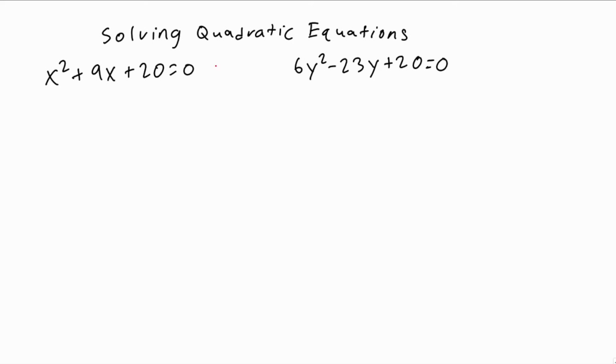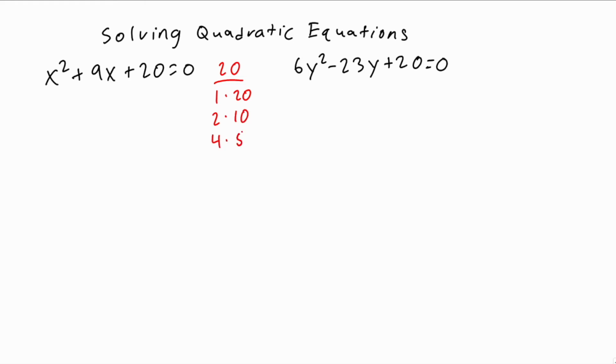So we're going to say, okay, factor pairs of 20 that add to 9. Just as a quick review on how to do these, we've got 1 times 20, 2 times 10, 4 times 5.